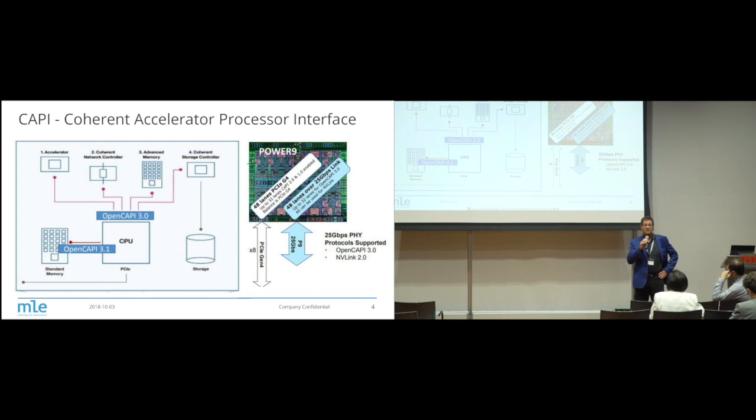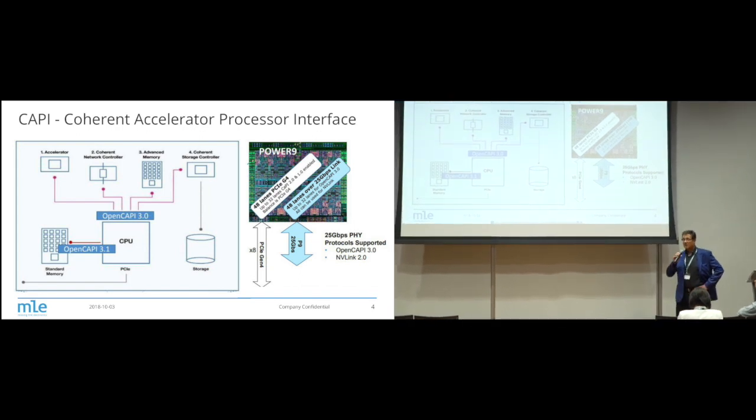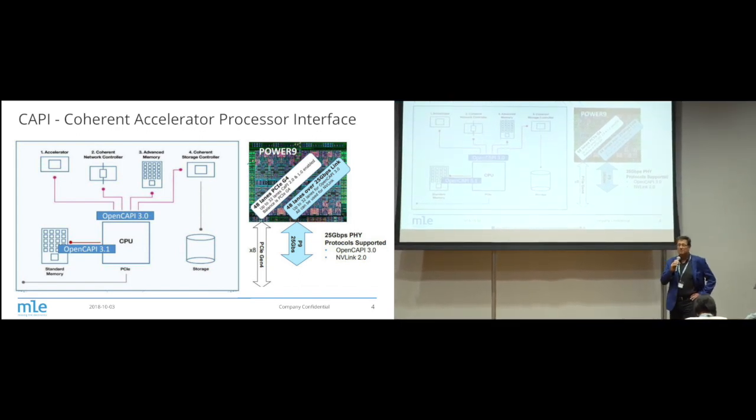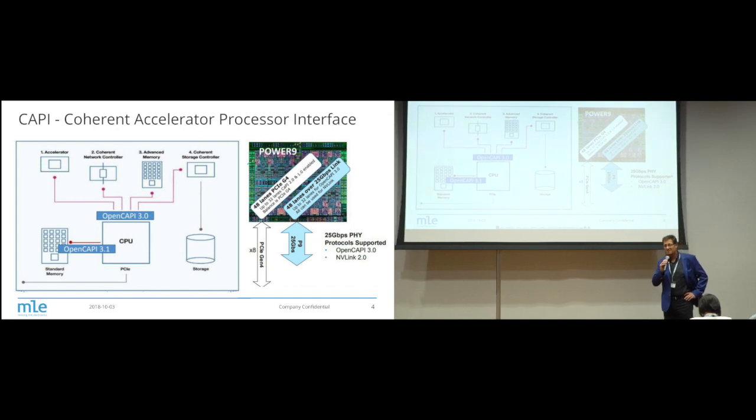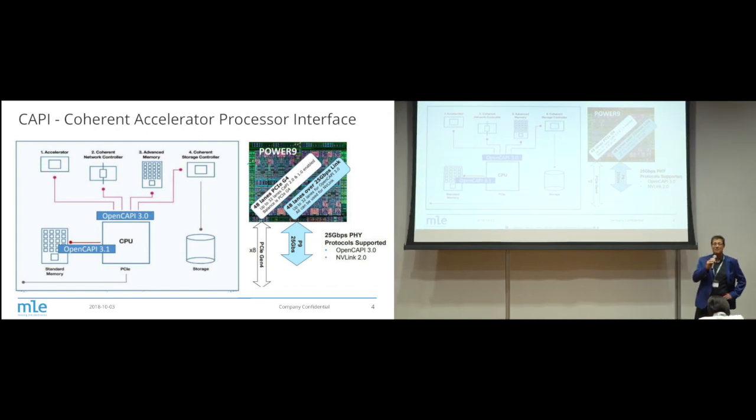And what users are apparently looking for is to free up those precious PCI Express Gen 4 links and move certain functionality over to those rarely used CAPI links. And what we like about those CAPI links is they're much faster than PCI Express. And when we're talking about acceleration, we not only need tight coupling, but we need sheer bandwidth between the CPU and the FPGA.